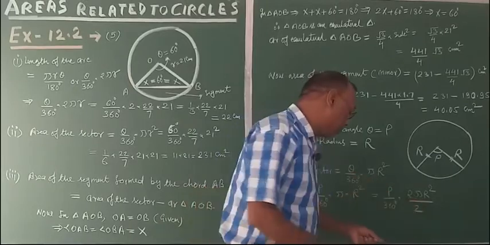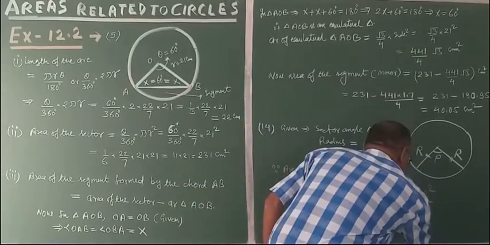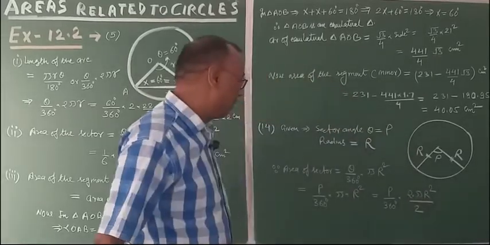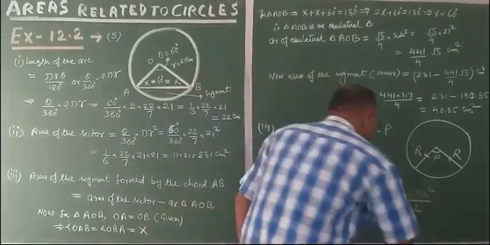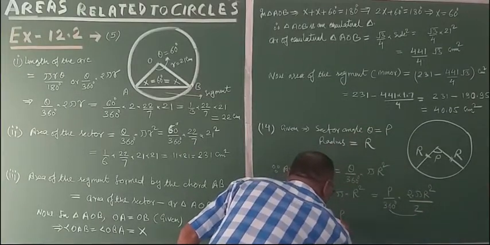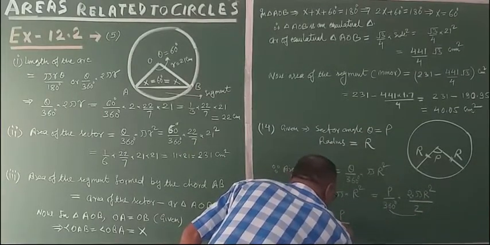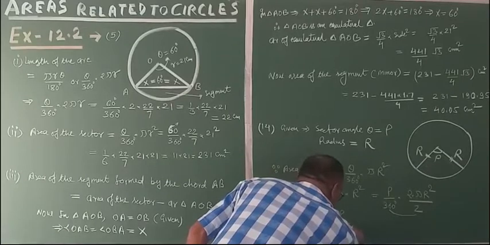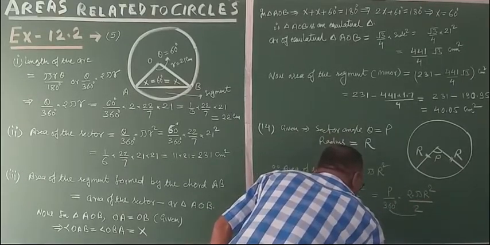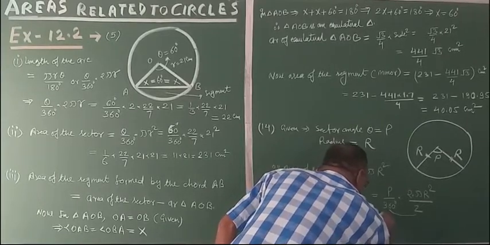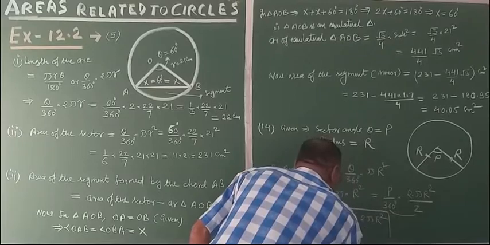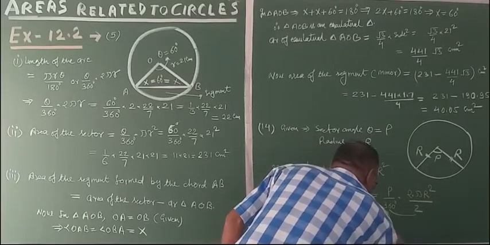So what will become? P upon 360 into 2, 720 degree into 2 pi r square.